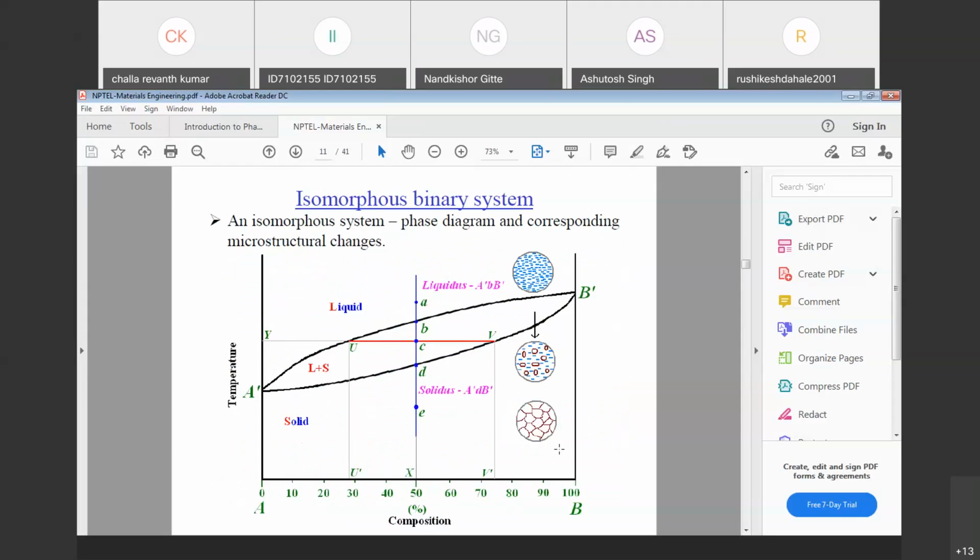Here, if you can see the phase diagram, how it has been drawn and the corresponding microstructural changes. In a microstructural way, their structure changes.